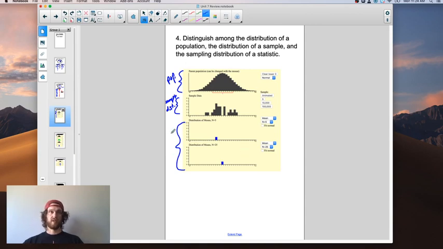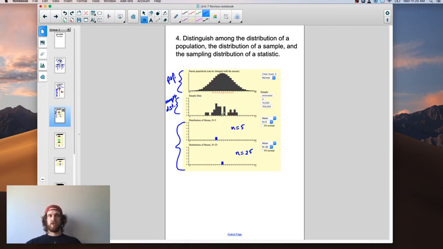Okay, so there you have your population, which is what you're selecting from. You have your sample, right? The distribution of your sample, which kind of resembles it. And then if you take a mean of that sample, now we have two different. So this dot came from lowercase n equals 5. This came from lowercase n equals 25.